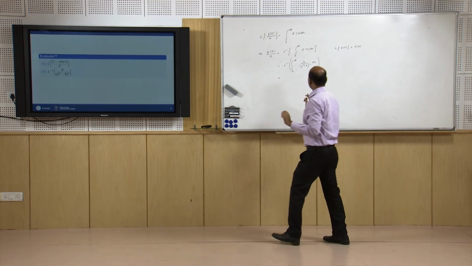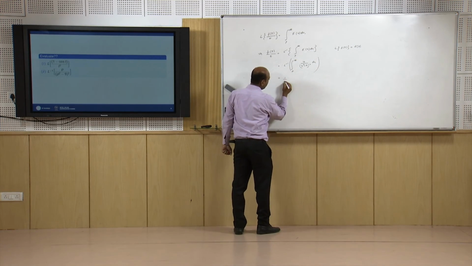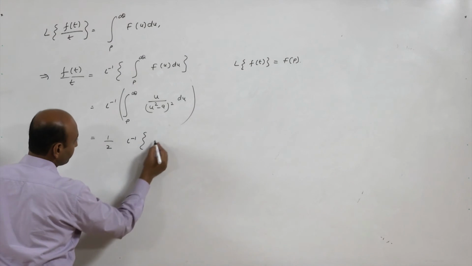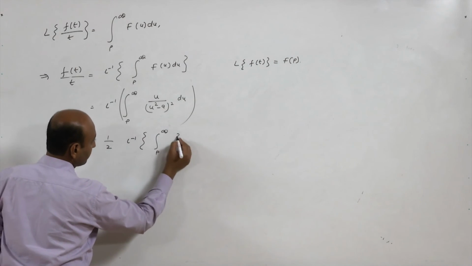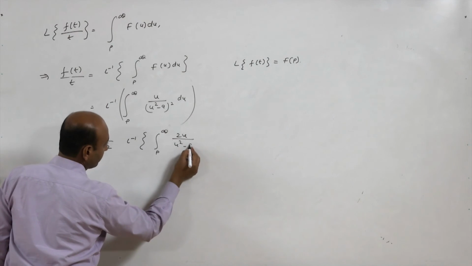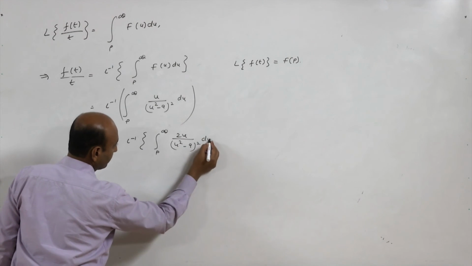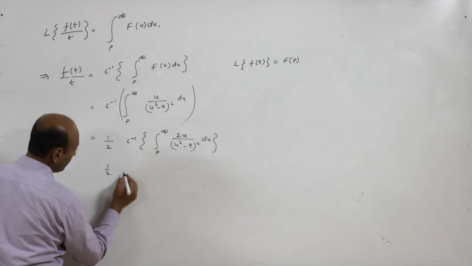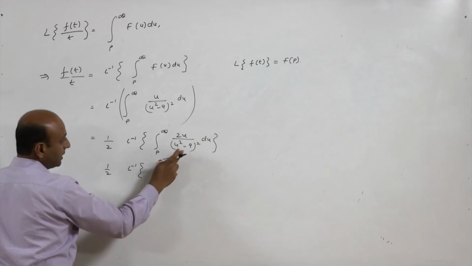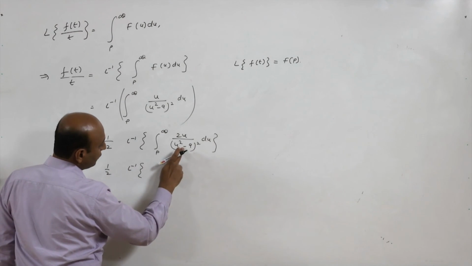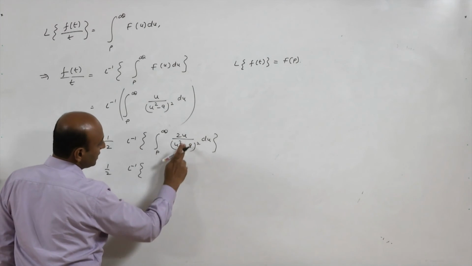Okay. So now we divide and multiply by 2, and 1 by 2 it is the Laplace inverse of the derivative of the denominator, u square minus 9, which is there in the numerator.